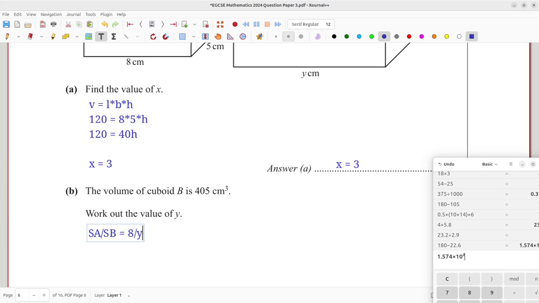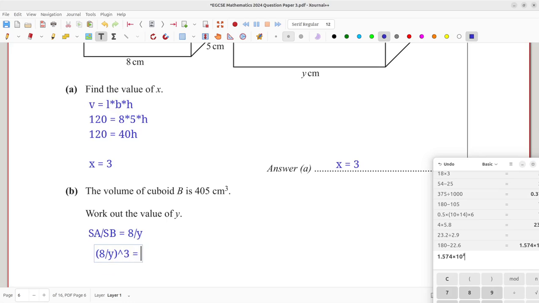But now that we are given volume, and volume is in 3 dimensions, while length is 1 dimension, you need to cube this. So basically cubing that, you are going to have 8 over y to the power 3.